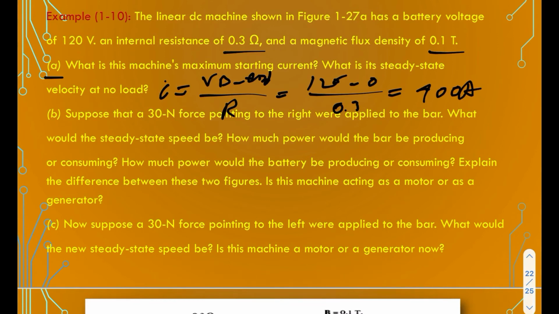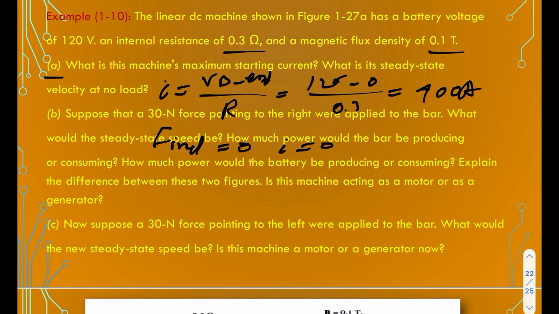When the machine reaches steady state, F induced is equal to 0, and I is equal to 0.